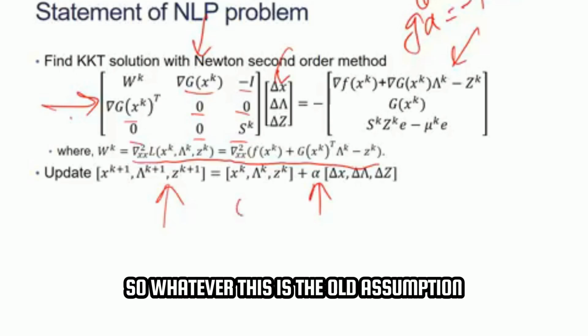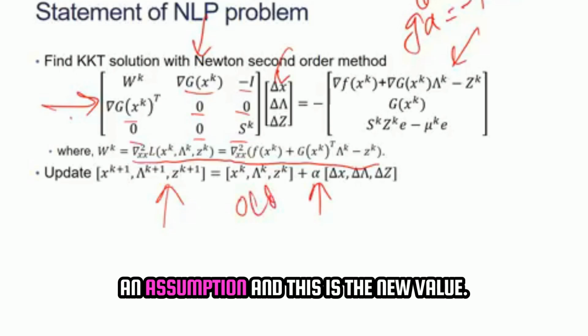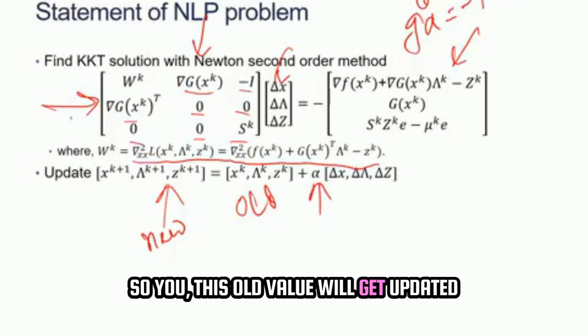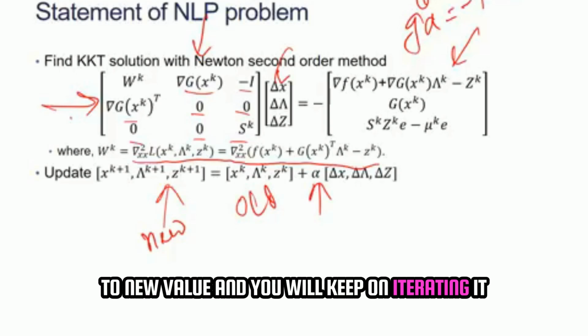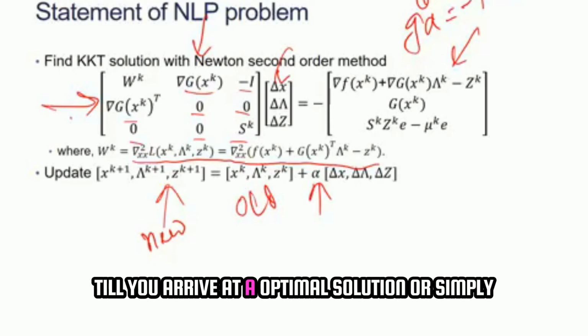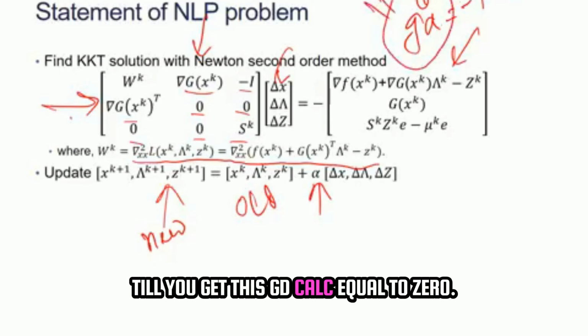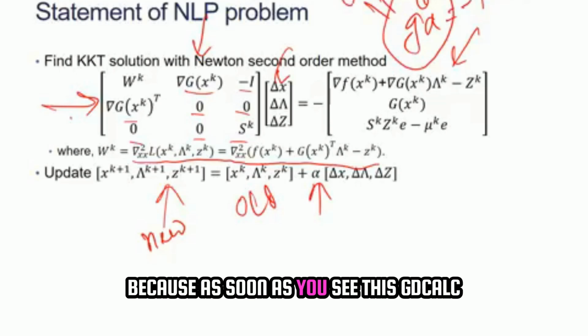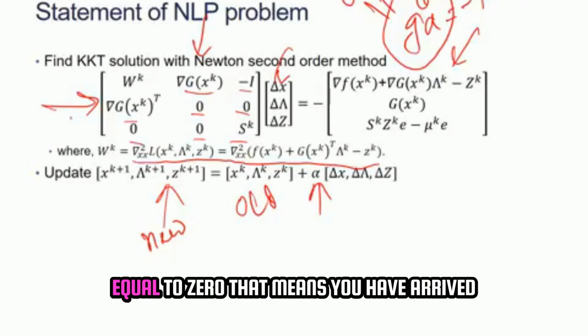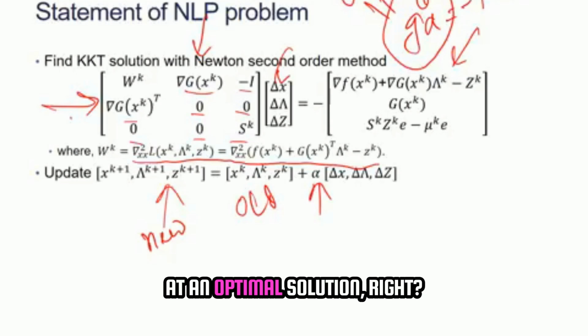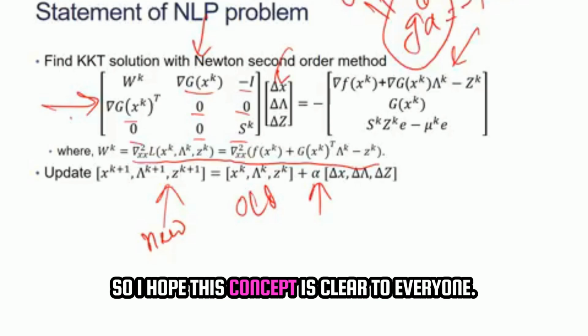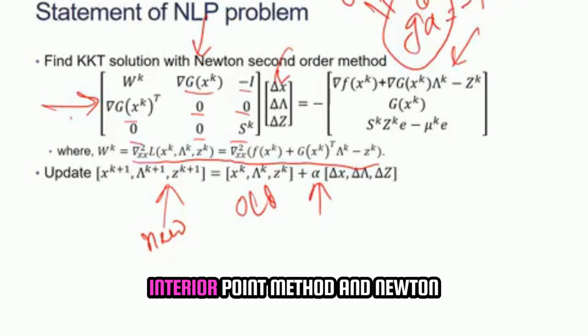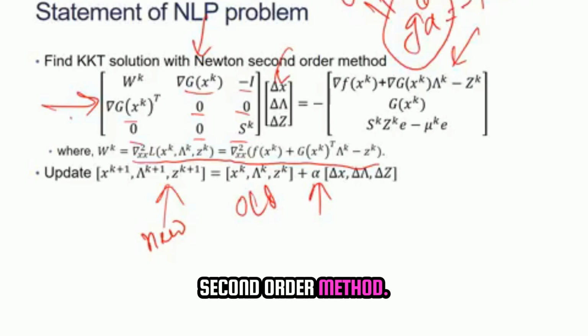So this is the old assumption, because you need to take an assumption, and this is the new value. So this old value will get updated to the new value, and you will keep on iterating till you arrive at an optimal solution, or simply till you get this GD calc equal to 0, because as soon as you see this GD calc equal to 0, that means you have arrived at an optimal solution. Right. So I hope this concept is clear to everyone: interior point method and Newton's second order method.